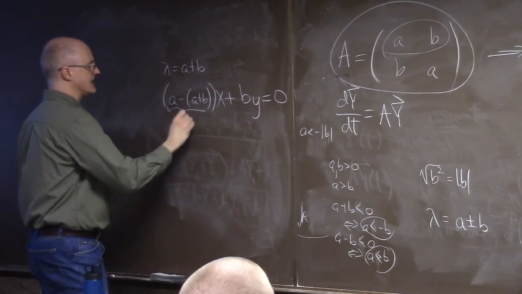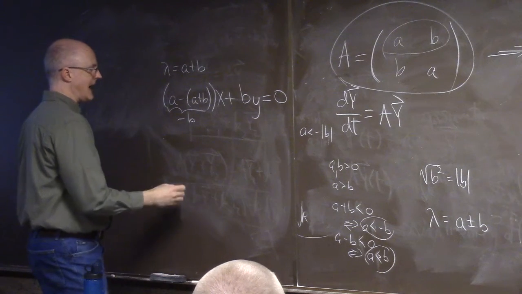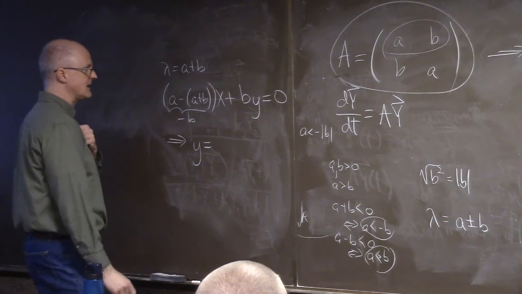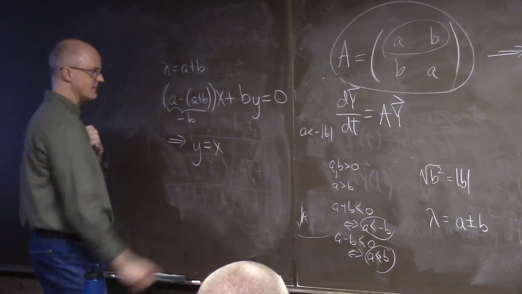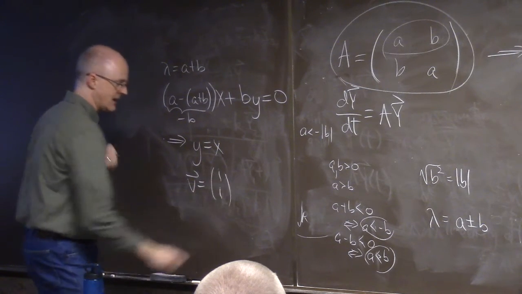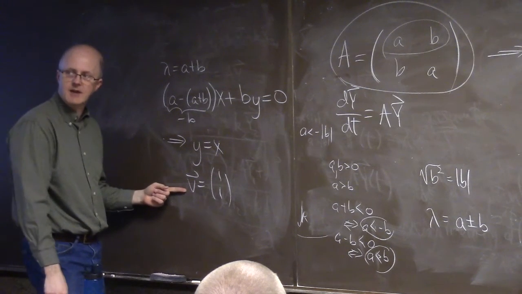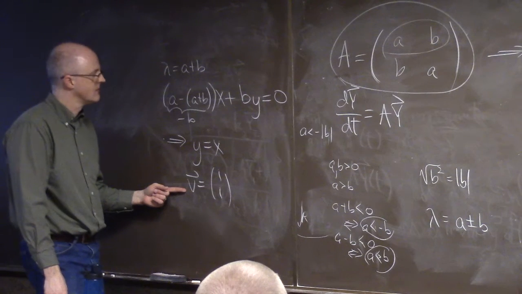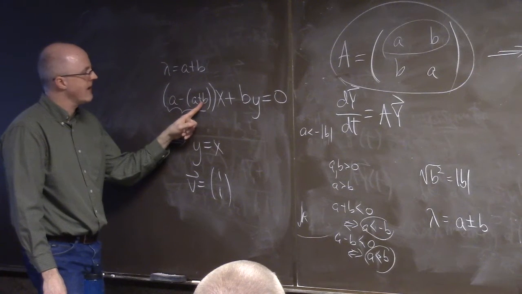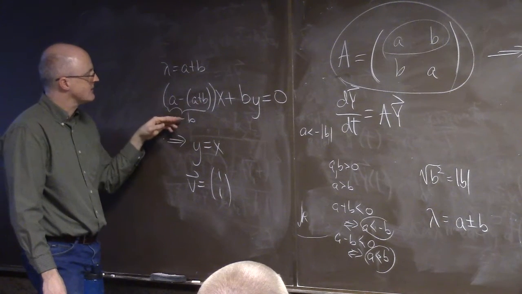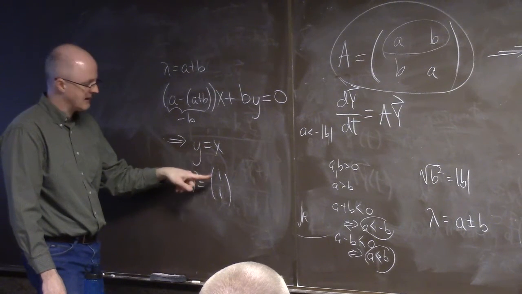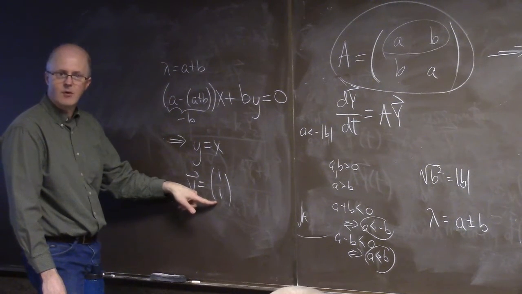This simplifies to negative b. Then the b's can cancel. Eigenvectors satisfy the condition that y equals x. In other words, they are multiples of this one, and you can use that one as an eigenvector. For a minus b, this would be y equals negative x. I get 1, negative 1, or negative 1, 1.